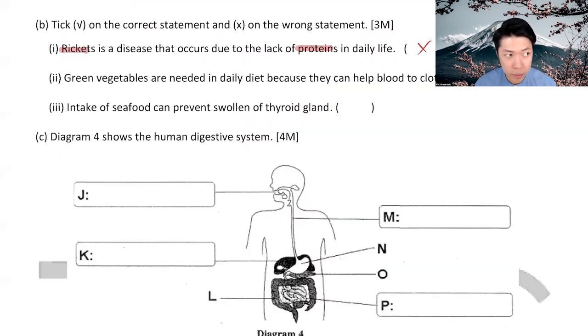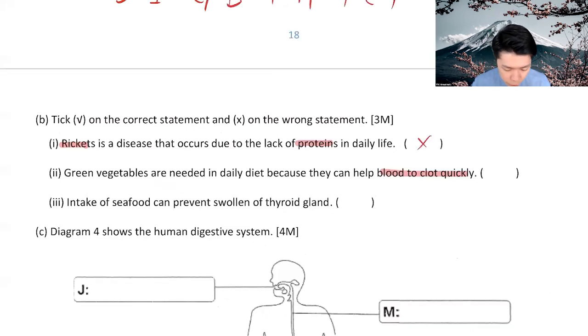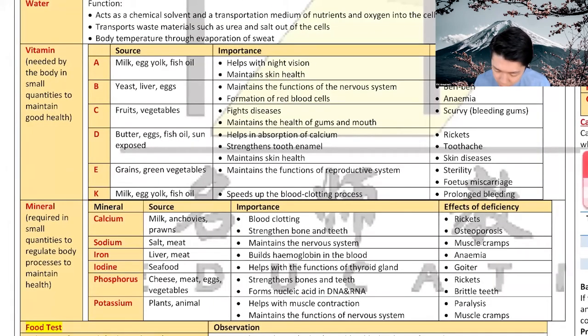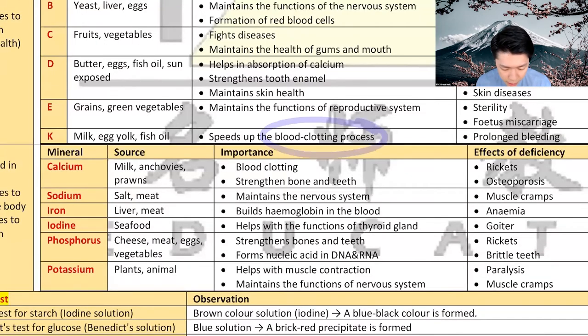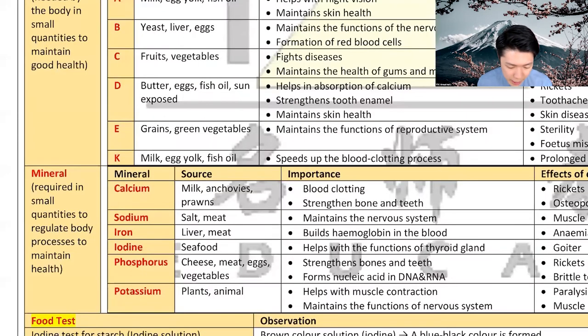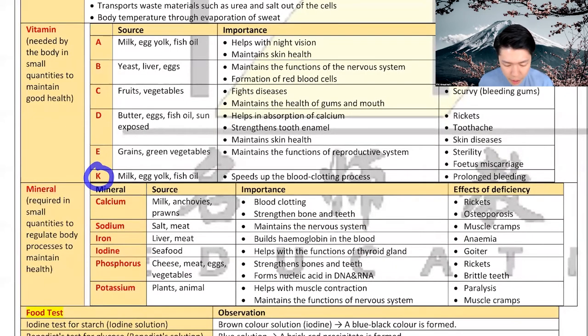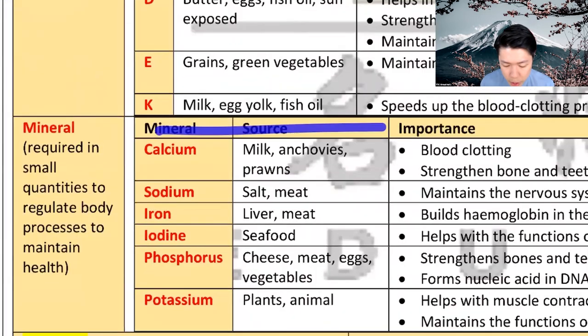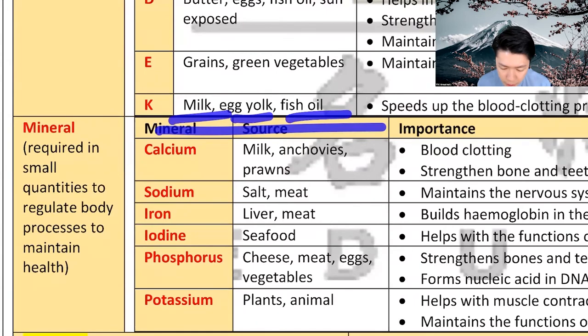Okay, all good. Green vegetables are needed in the daily diet and can help in blood clotting. Okay, blood clotting. So again, you check. Blood clotting belongs to this one. That's vitamin K. Here in the textbook, it gives you milk, egg yolk, fish oil, and all that.